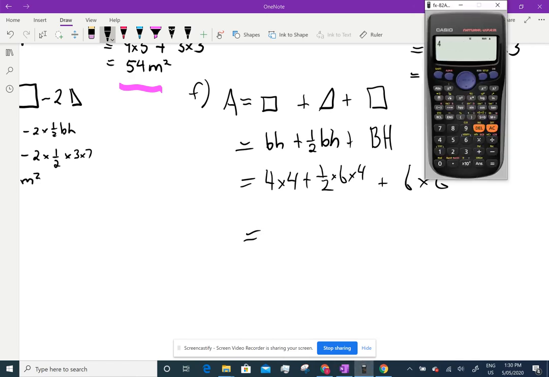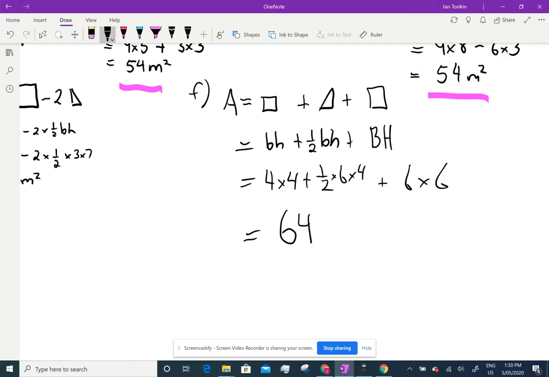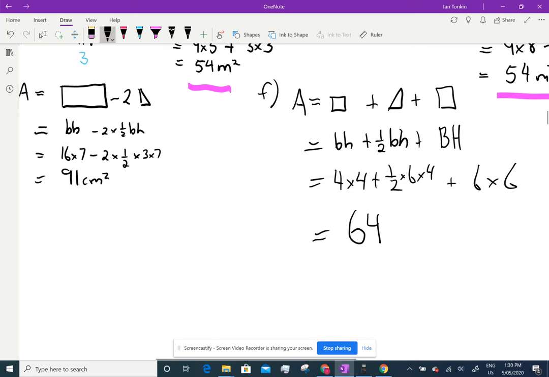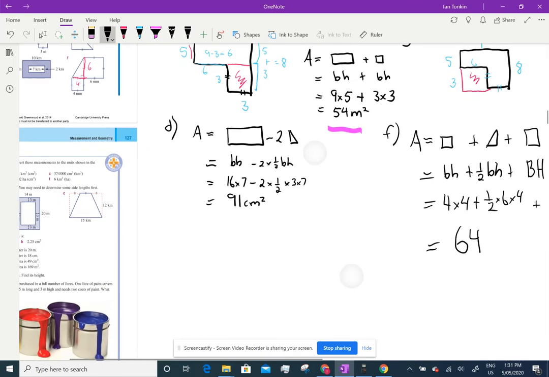So 4 times 4 plus a half times 6 times 4 plus 6 times 6, 64. And what units are we in? Millimetres.